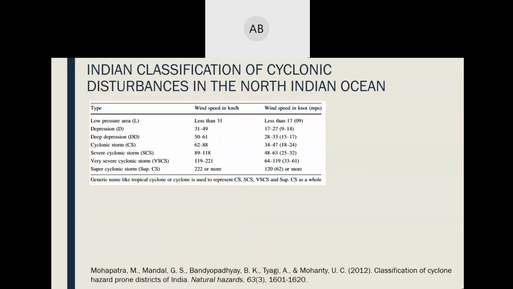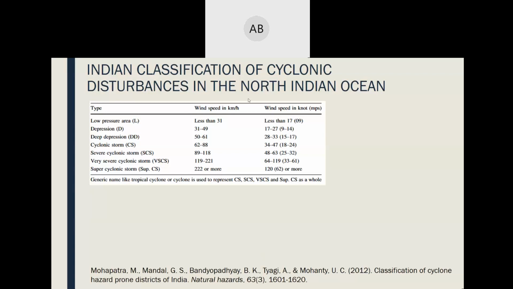There is a classification of cyclonic disturbances in the Indian Ocean. It tells us when we call something a super cyclone or just a low pressure area. There are categories, and I have taken this from the source I mentioned below.